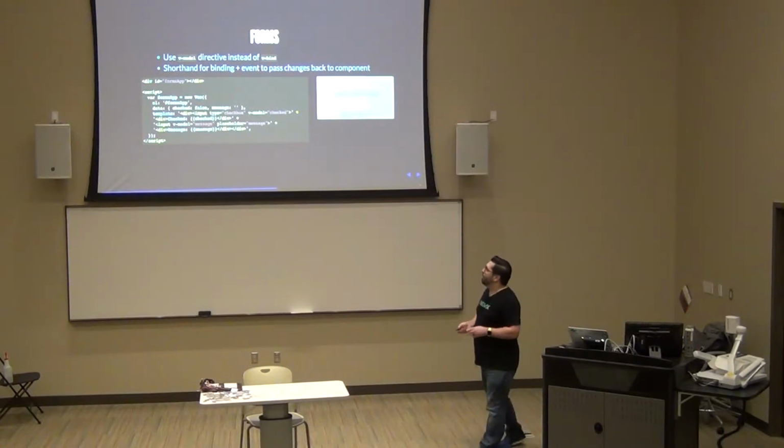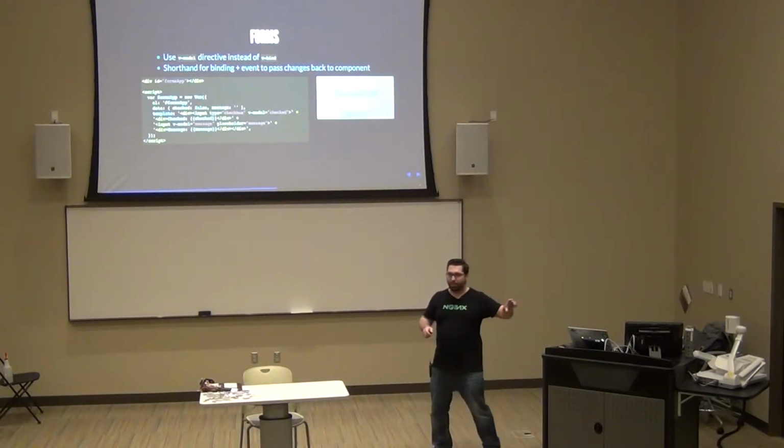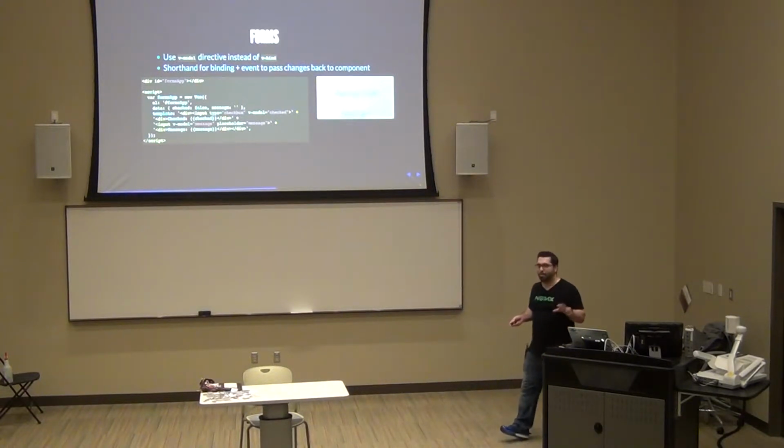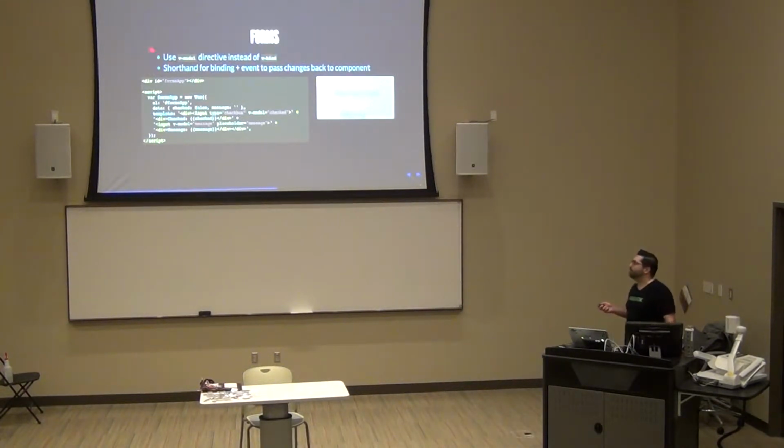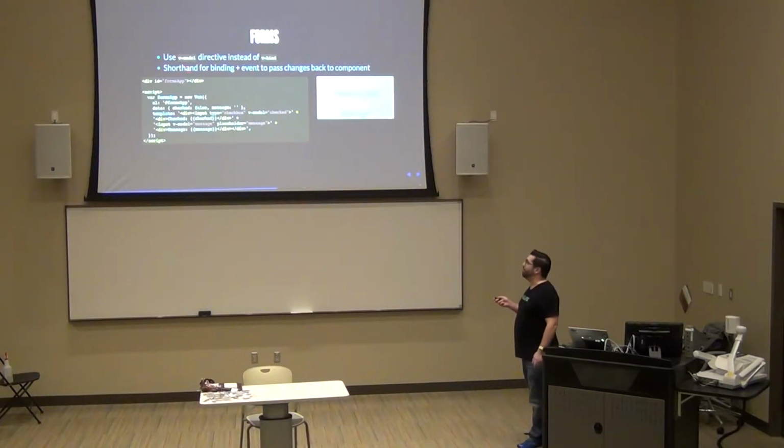So this is a place where things get a little different. We shift from how we've been talking about binding. In forms, and anyone familiar with Angular is familiar with the idea of model, which is a special thing that Angular came up with. So here we use the vModel directive instead of vbind.